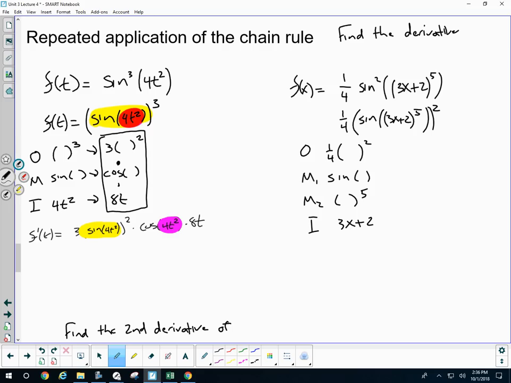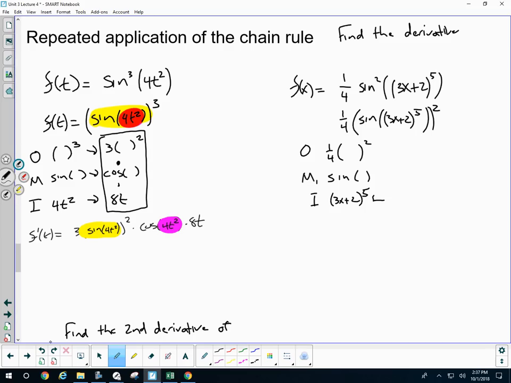If you wrote the middle as sine, and then the inside is 3x plus 2 to the 5th, you would have figured out as you were doing 3x plus 2 to the 5th that you'd have to use a chain rule for the derivative of 3x plus 2 to the 5th. So it doesn't matter if you wrote it down as all 4, as long as you just wrote it out, just when you got here, you'd have been like, oh, I have to use a chain rule for this. I have to do an outside and an inside.